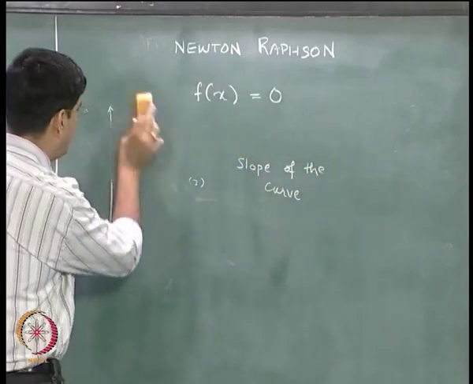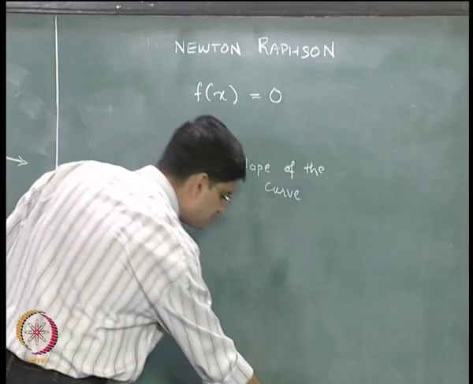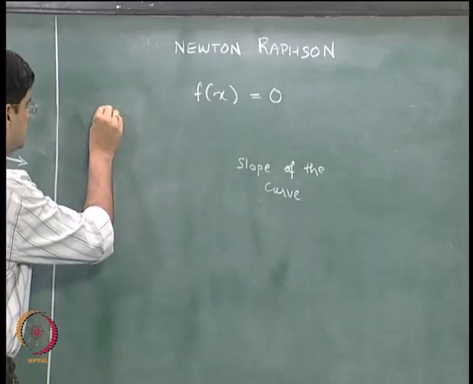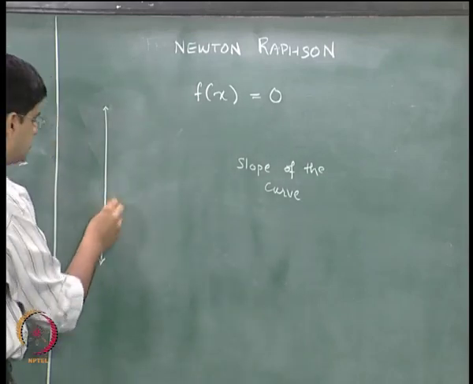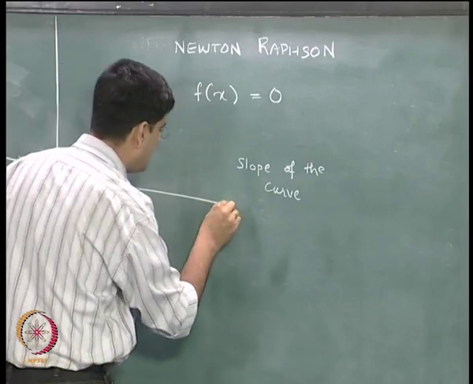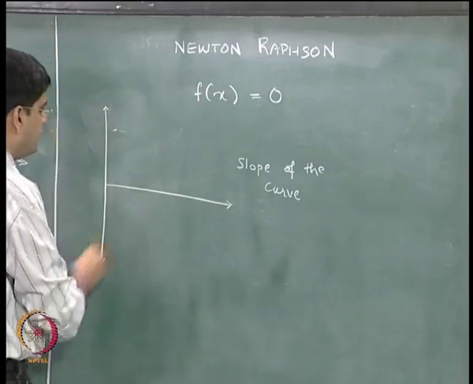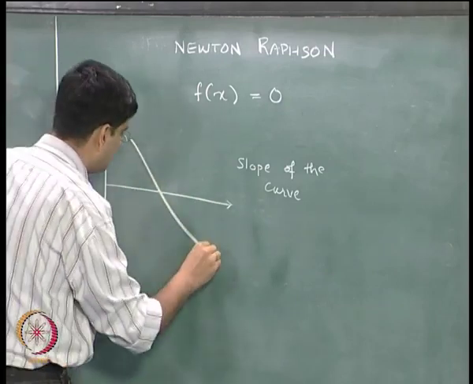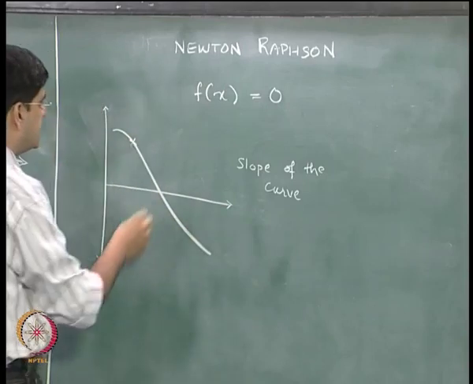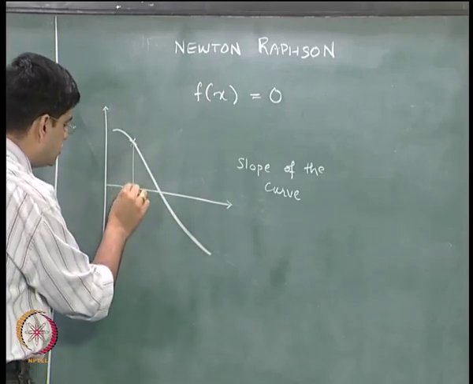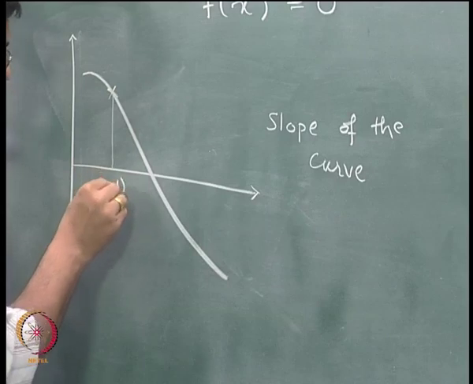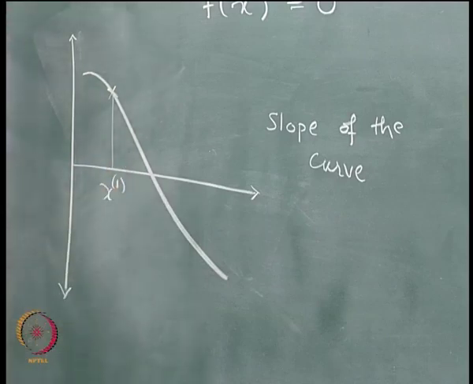What happens in the Newton-Raphson method is we do not start with two solutions, but just like fixed point iteration we start with only one initial guess. This is our x1.